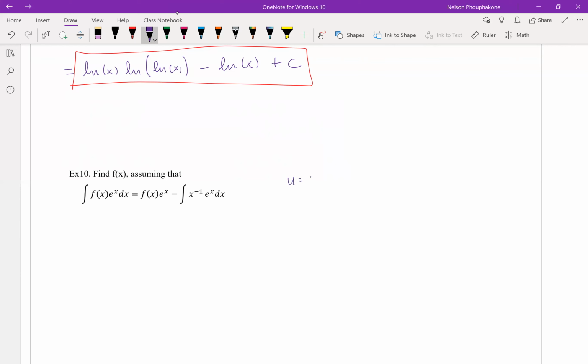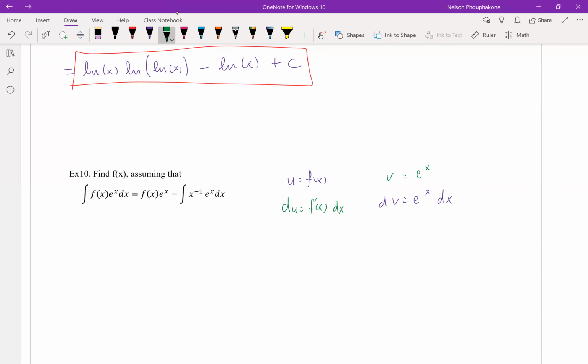If I let u equal to f of x and dv is equal to e to the x dx, then du is f prime of x dx, and v will be e to the x.